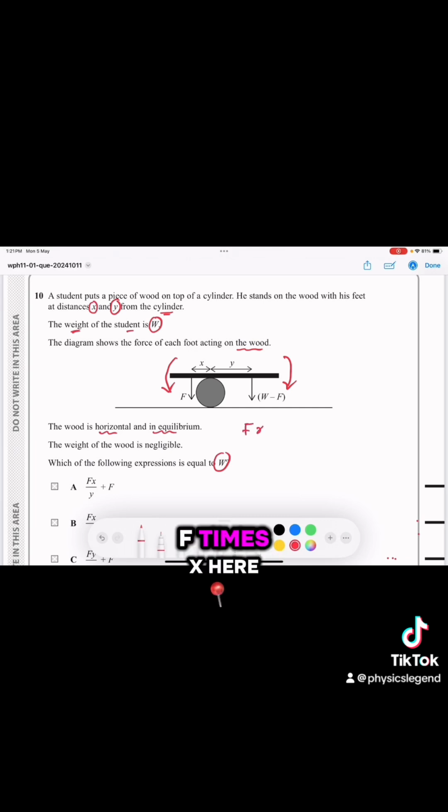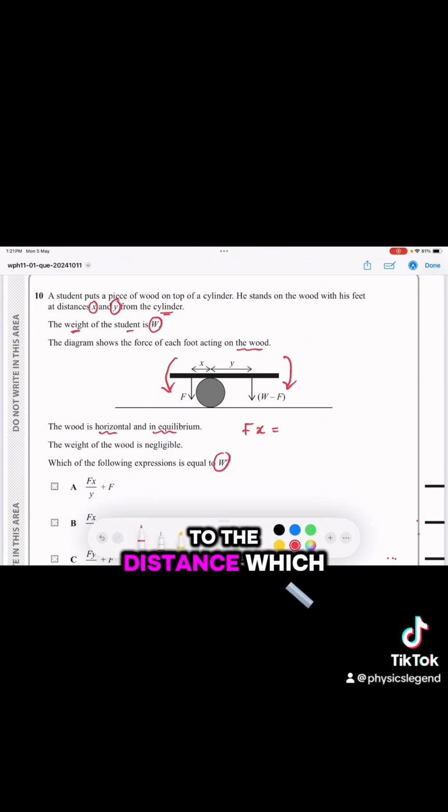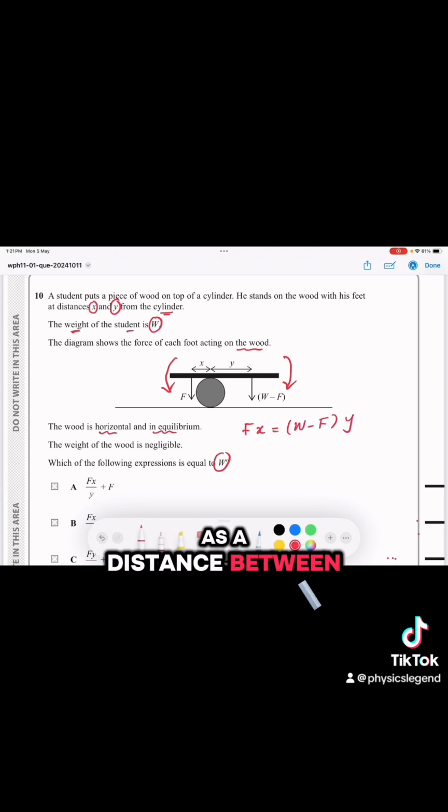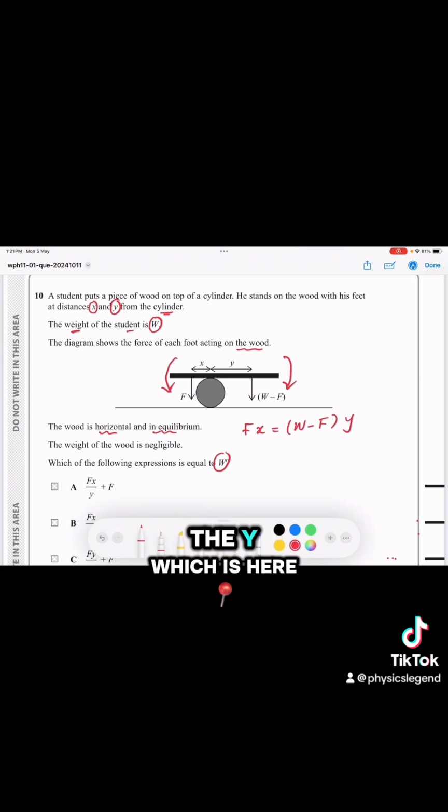So F times X, which is a force from the side times the distance X, equals the applied force from the other side, which is W minus F, times the distance Y between the line of action of force W minus F and the reference point, which is here.